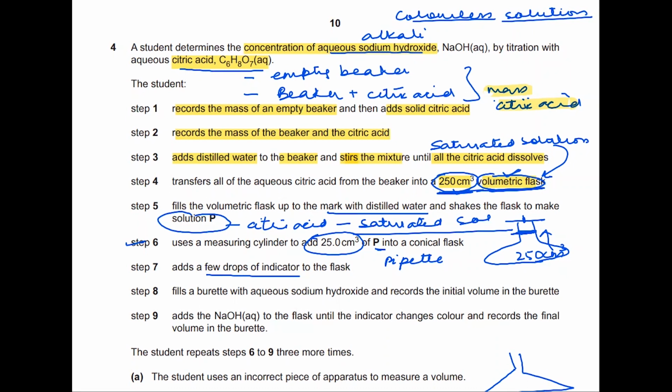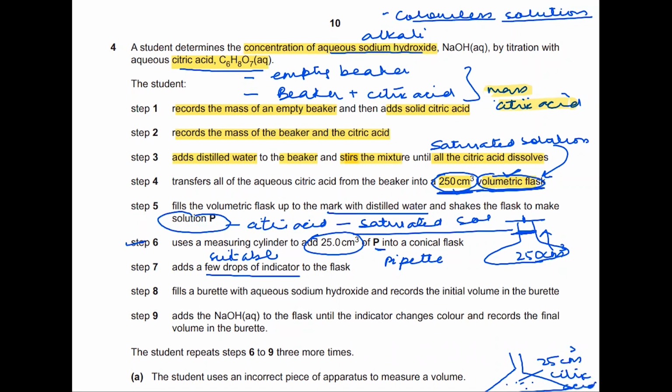So when both are colorless, we always use a suitable indicator. We just add 1 or 2 drops of indicator into the conical flask along with 25 cm cube of my citric acid.